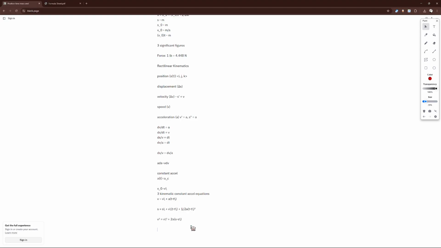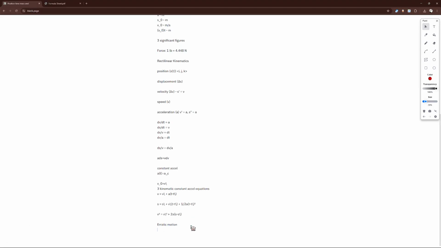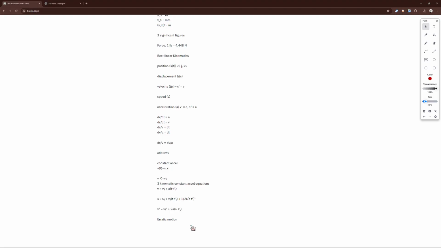And now we go on to erratic motion. This is where the graphs come in. This is what erratic motion is basically. You can't represent any of your functions, so s of t, v of t, a of t, with one clean function.